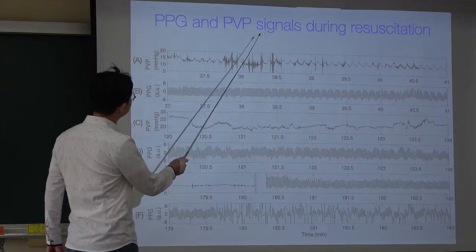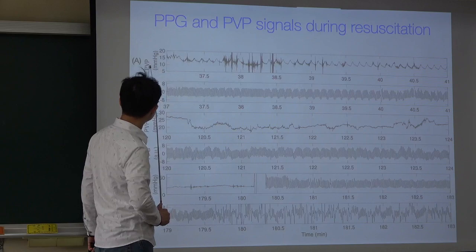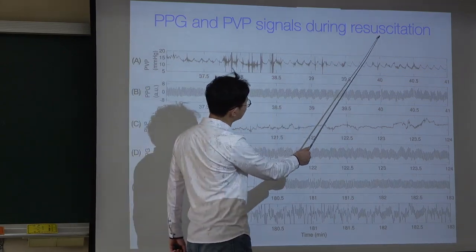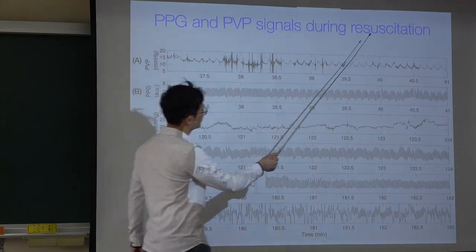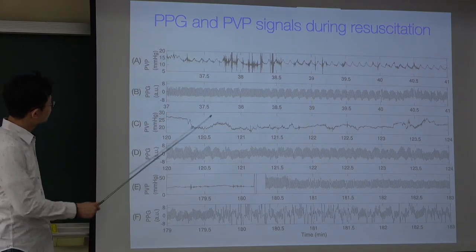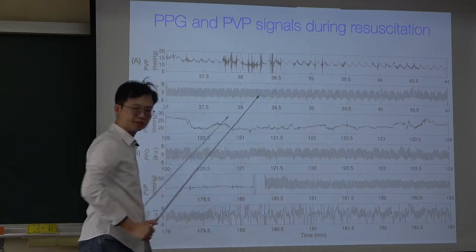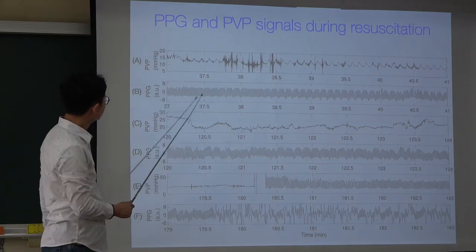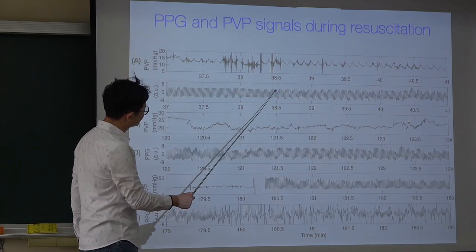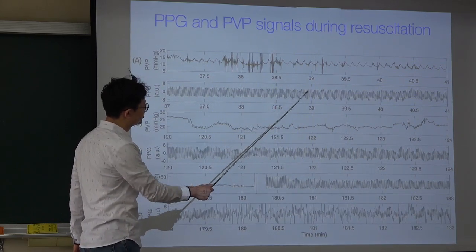This is a signal during 7 hours, actually 10 hours or whatever, of resuscitation. And this is the first hour of the signal. You can see the PPG signal looks very nice, isn't it? It's very oscillatory, and sometimes you can see some low frequency component.